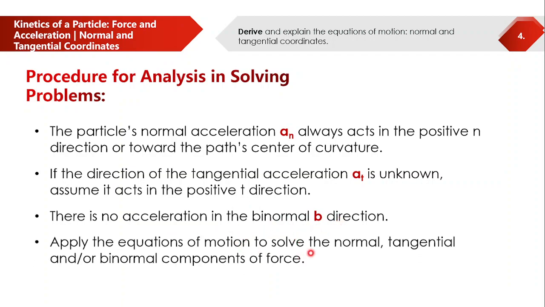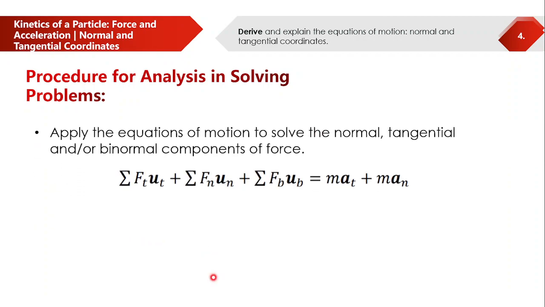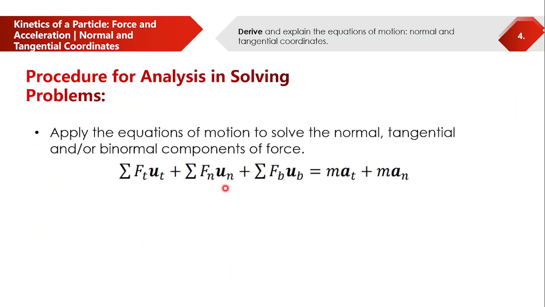Then apply the equation of motion to solve the normal, tangential, and or binormal component of force. Okay? So, ito yung equations of motion sa normal and tangential coordinates. Ito yung gagamitin mo. Okay?